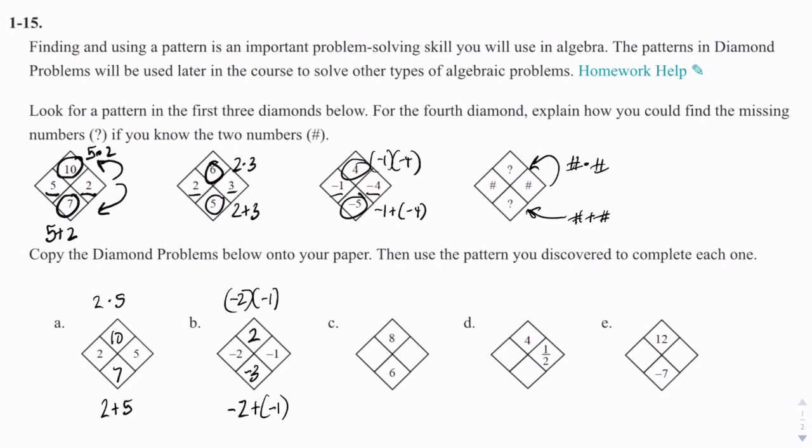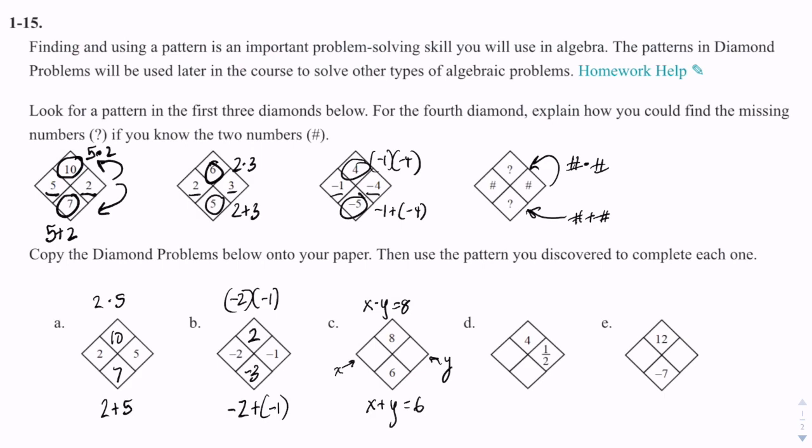Okay, for C, now C is a little trickier. So C is saying, if I have an X in here and a Y in here, because they're unknowns, then the bottom is saying that X plus Y equals 6. Two numbers added equals 6. And the top is saying X times Y equals 8.